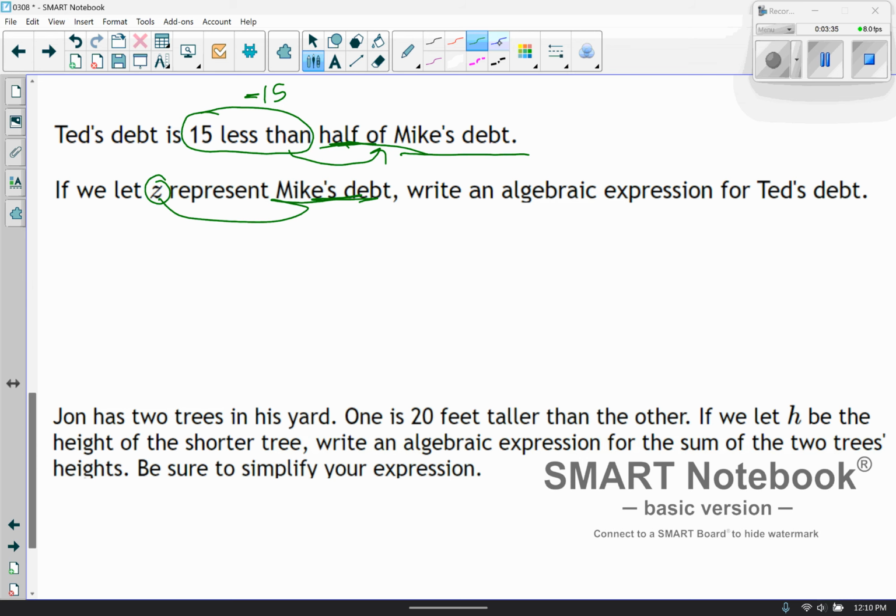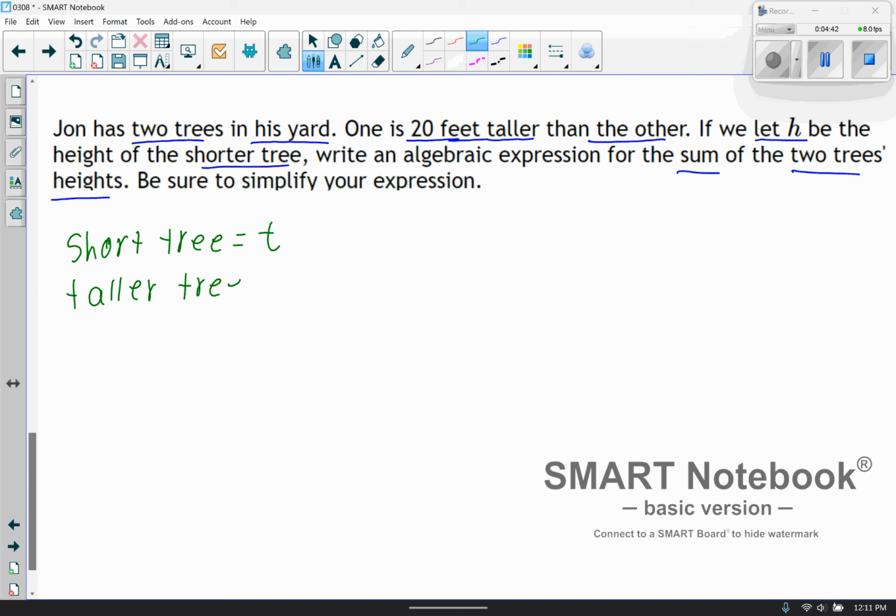So the short tree is going to be H, and so the taller tree is going to be, oh yeah, H. I put T. Let's see, H. And so then the taller tree would be H plus 20 because it's 20 feet taller. And so what they want us to do here is they want us to write an expression for the sum.